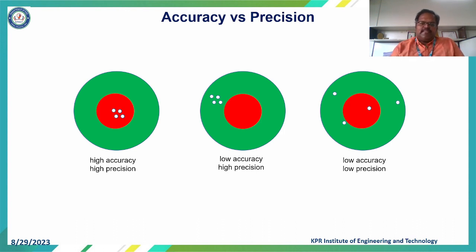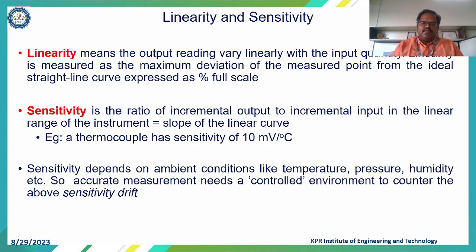So accuracy is lower, but precision is high, because the points are very near to each other. The third one is low accuracy and low precision, because the points are scattered. That is the difference between accuracy and precision.